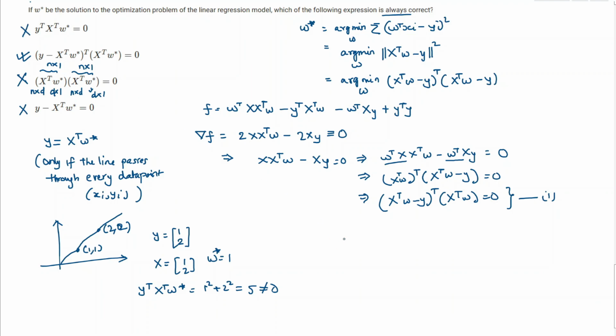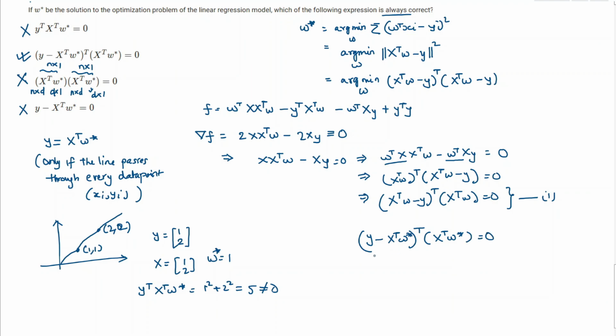Now, with regards to the second option, there is a very important interpretation to be made. The interpretation is that when we say that (y minus x transpose w star) transpose times x transpose w star is equal to 0, what does that mean?